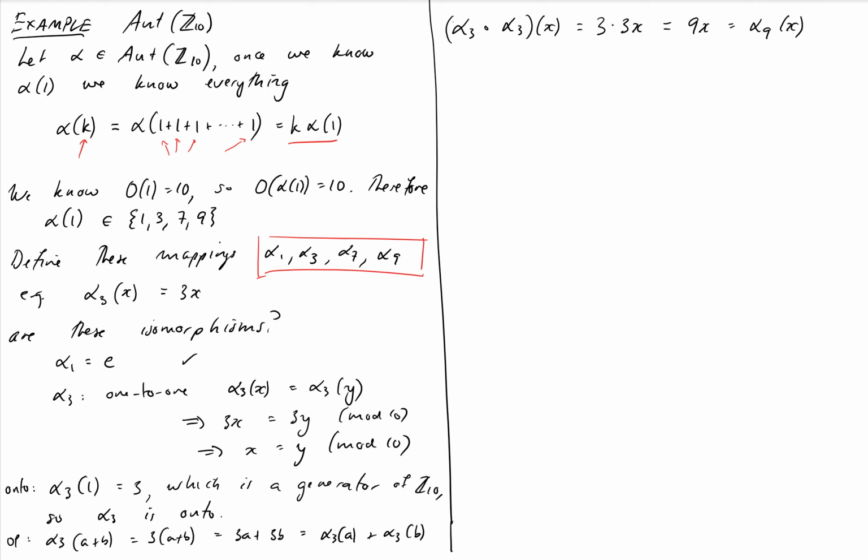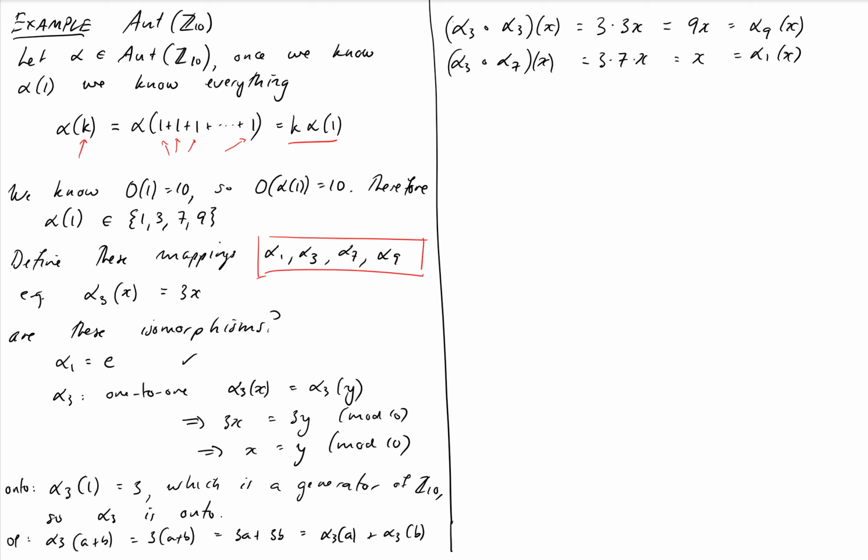So actually, the subscripts multiply here. Let's try that again. Alpha 3 times alpha 7 of x is equal to 3 times 7 times x, equals 21x mod 10, so that equals x, which equals alpha 1 of x.